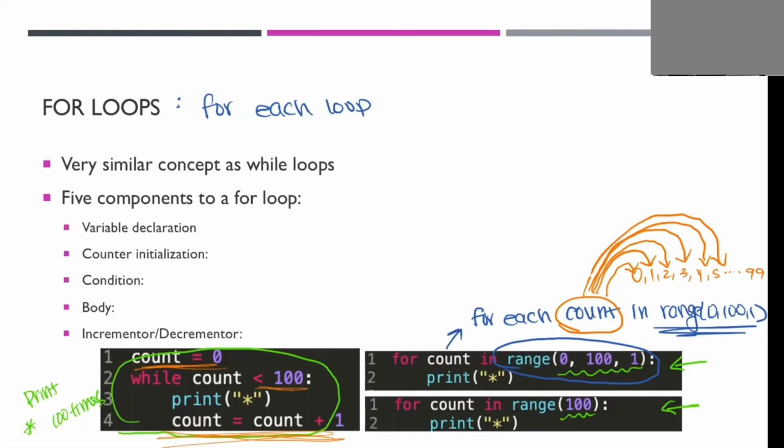Whereas with our range, the count is going to take the form of each number in the range, which is already set to be numbers between 0 and 99. So they do exactly the same thing. They just take different forms in different images.